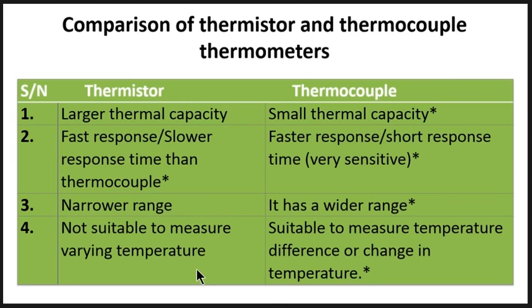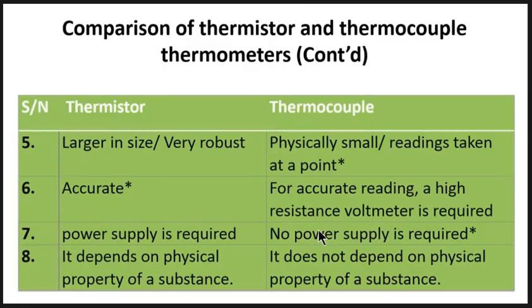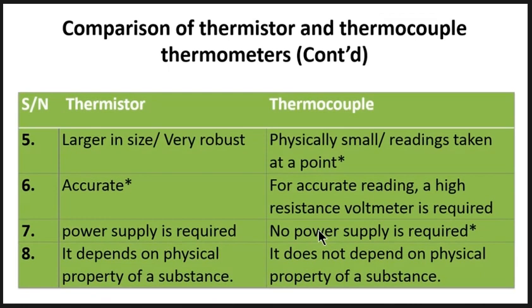But the thermocouple is suitable for measuring temperature difference or change in temperature, so it can measure varying temperature. Another one, number five: the thermistor is larger in size or very robust, and that's a disadvantage. But the thermocouple is physically small, and readings can be taken at a point, so it is portable in a way compared to the thermistor.